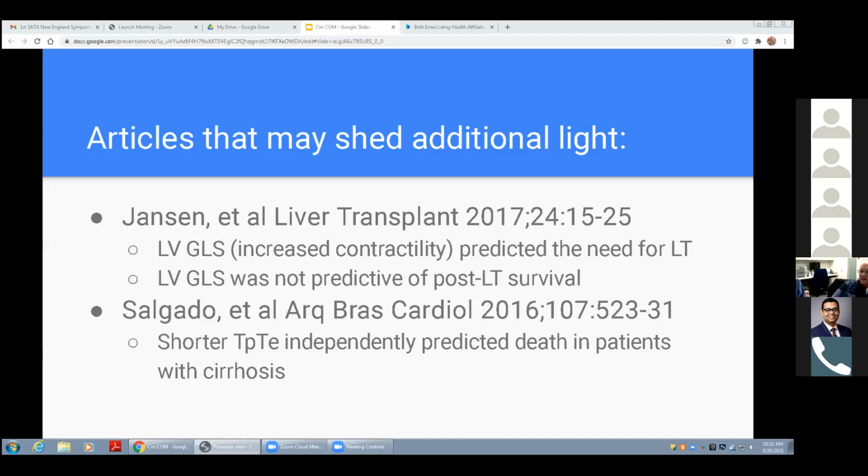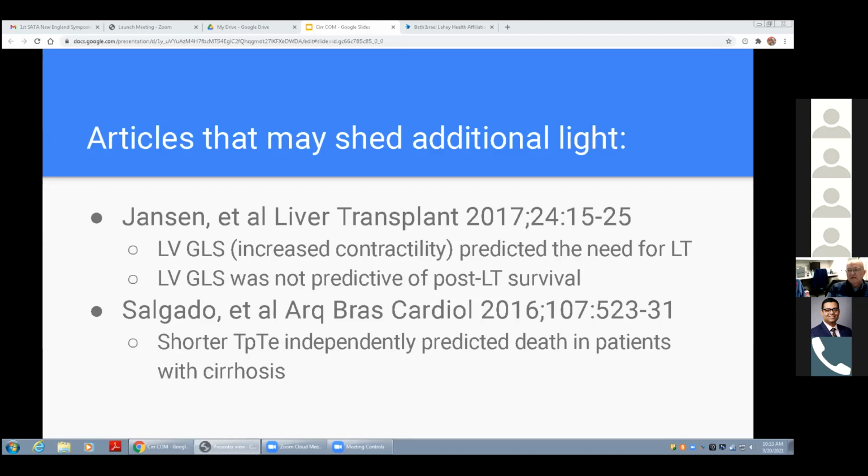The second article looked at a novel measure of ventricular repolarization in cirrhotic patients, T-peak to T-end, a measure, like I said before, that's been implicated in higher mortality in a variety of patients. As I have alluded to, interestingly, rather than predicting higher mortality, a prolonged T-peak to T-end was associated with improved survival.